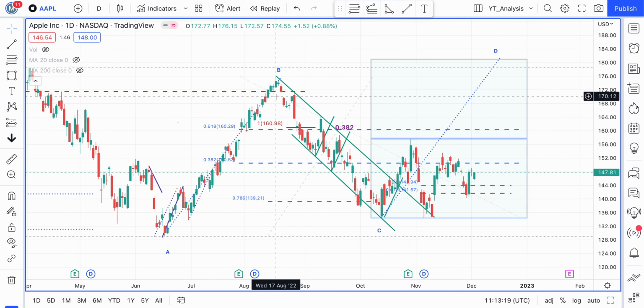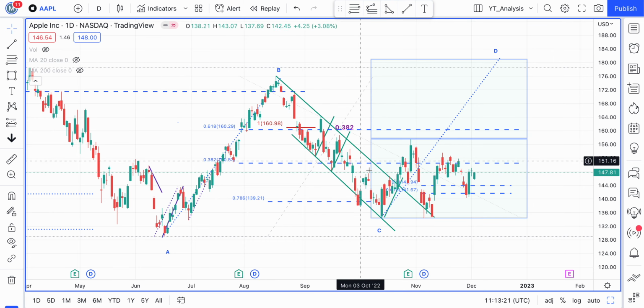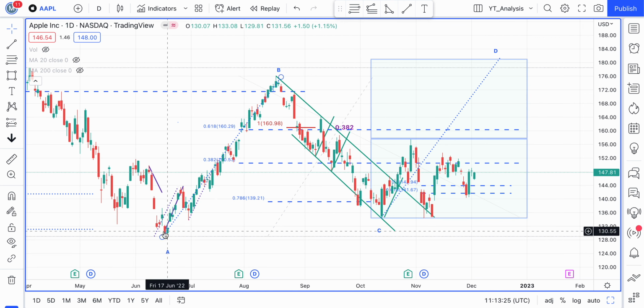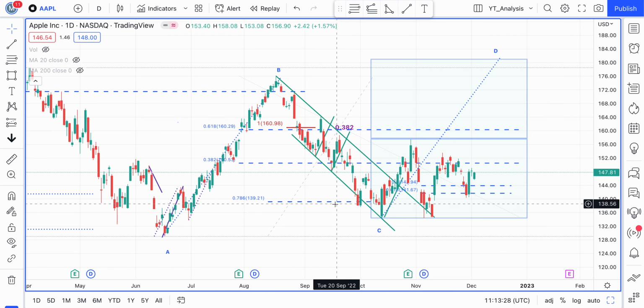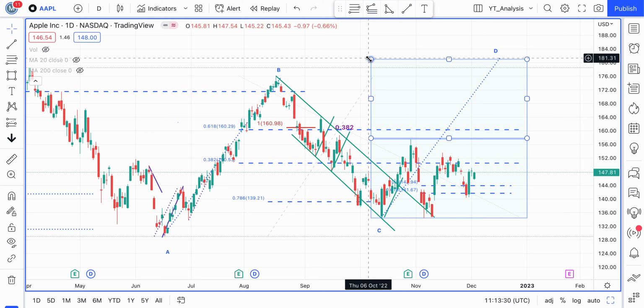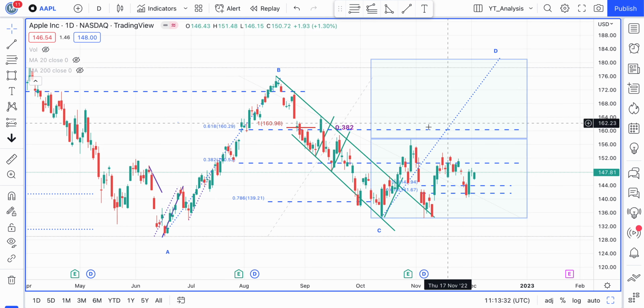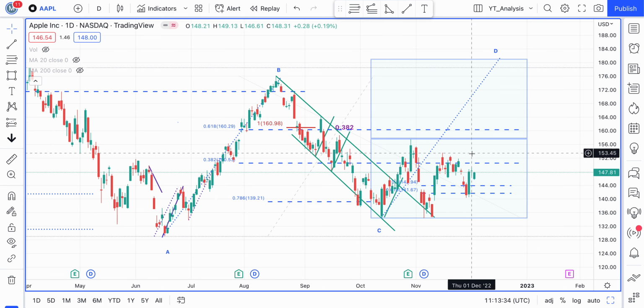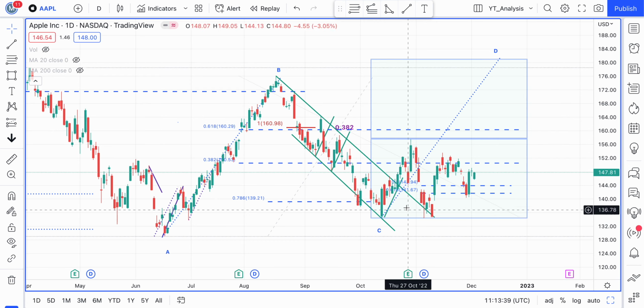In the daily chart, what we can see is this is the retracement which it did here, and it retraced 78.6% of this key level. And now what we see are these boxes which I've drawn. These are basically range bound market projections.